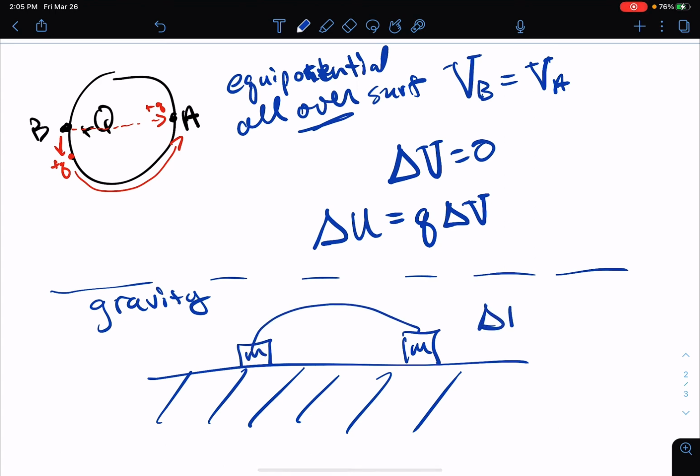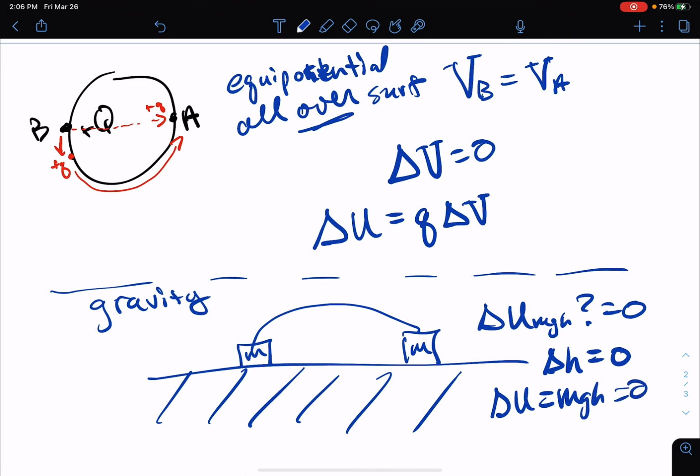Well, what's the change in potential energy due to gravity? It's 0, because delta h was 0, and we know that delta U equals mg delta h equals 0 if delta h is 0. If there's no change in height, there's no change in potential energy.